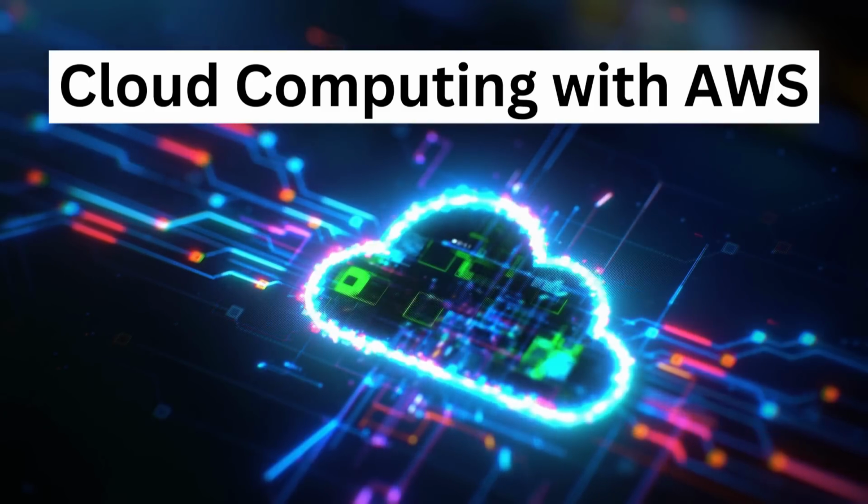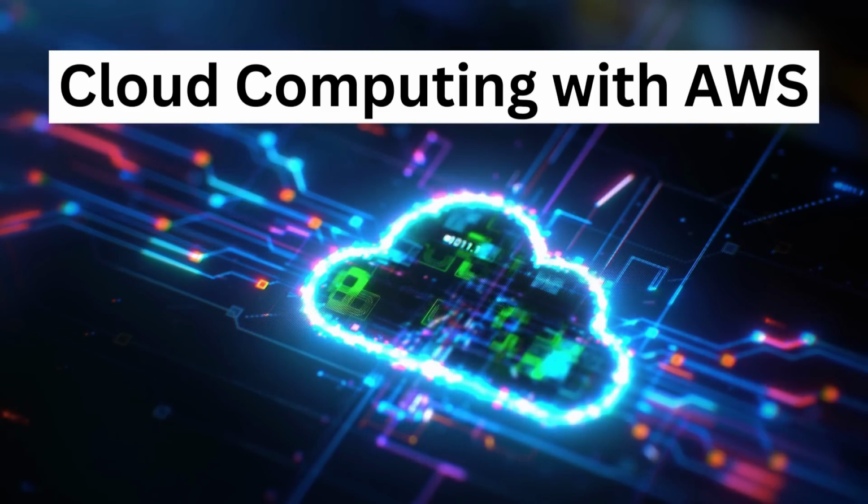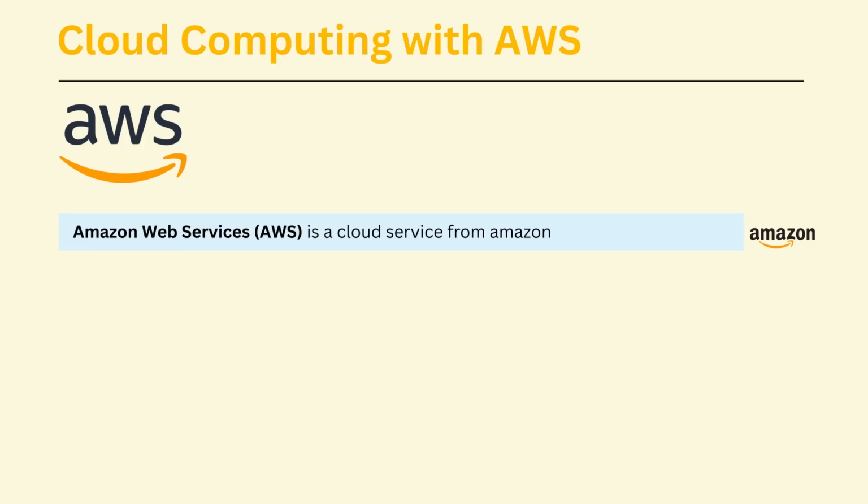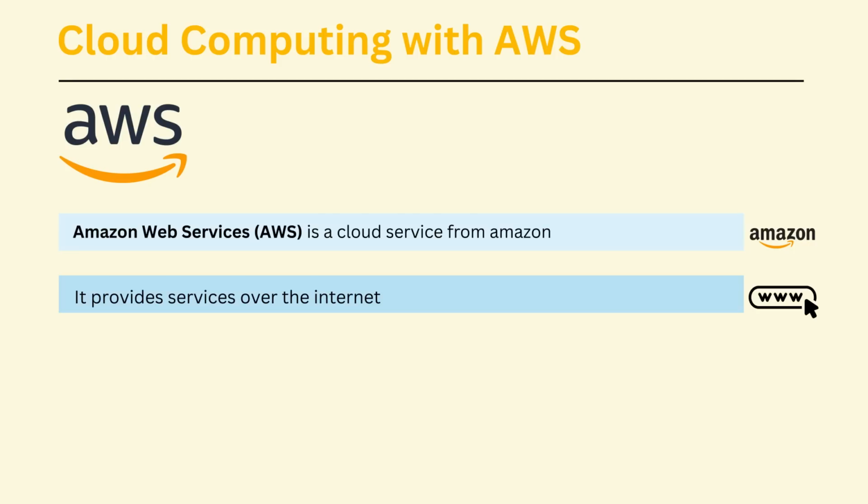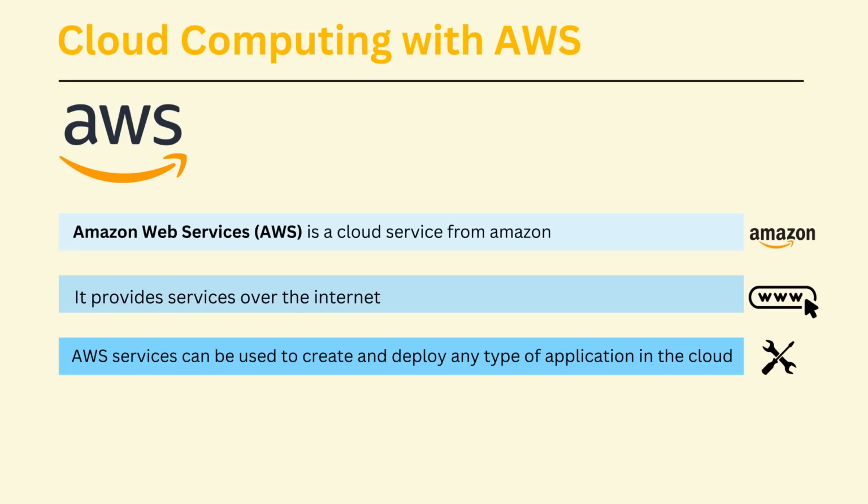Let's talk about cloud computing in AWS. Amazon Web Services (AWS) is a cloud computing service provided by Amazon, and these services are accessible over the Internet. Because AWS provides infrastructure as a service, it's a flagship offering. We can create and deploy any type of application in the cloud on top of what Amazon provides.